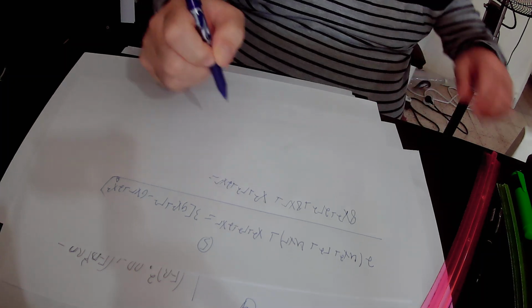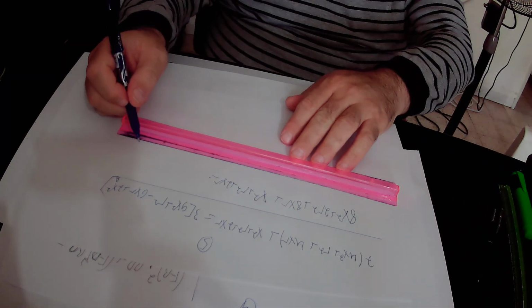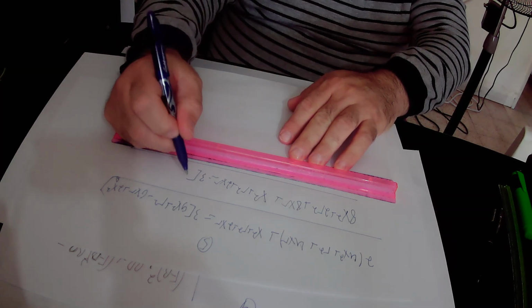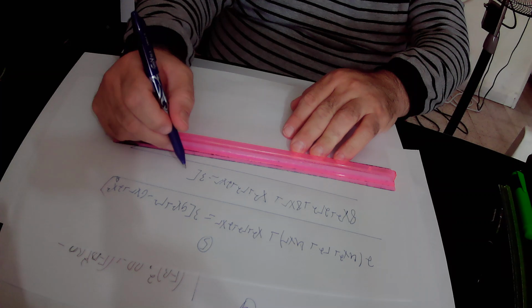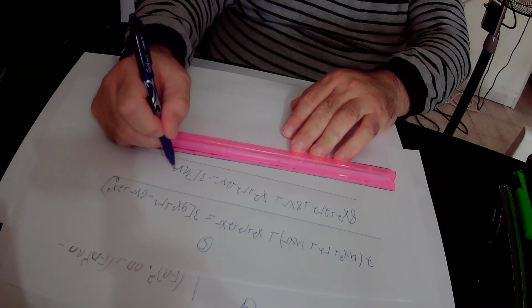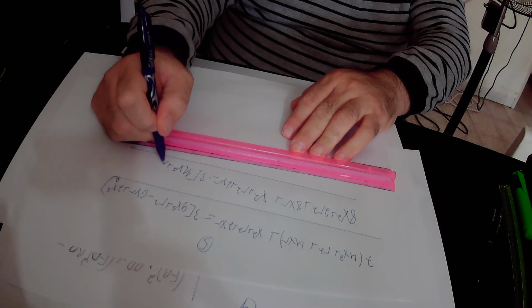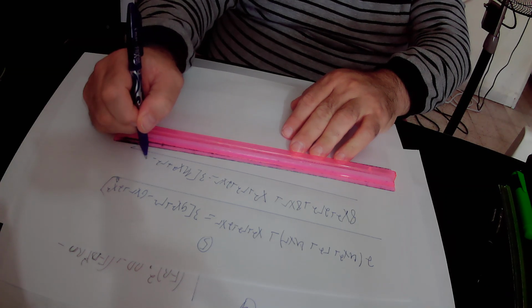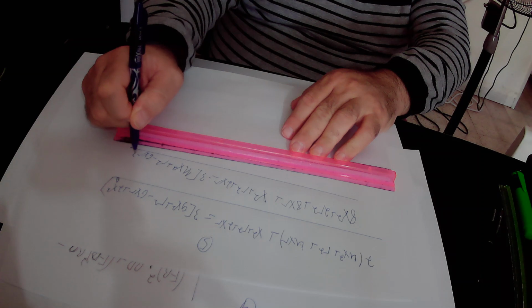That is equal to, inside the brackets, 9x squared plus 2x squared is 11x squared, plus R squared, minus 6xR.